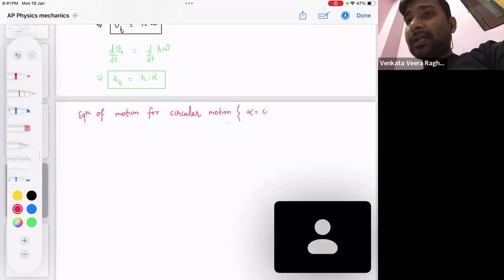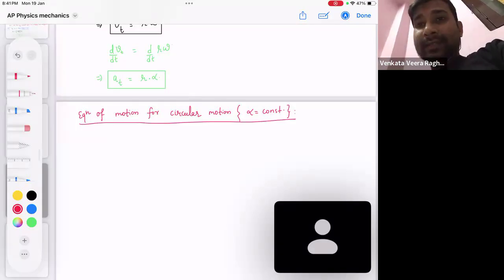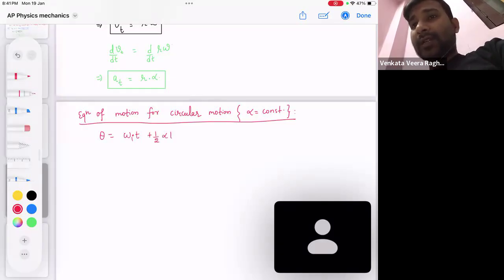Again, the condition is that alpha should be constant. So what equations can we apply? Theta equal to omega initial into t plus half alpha into t square. Understood the first equation?